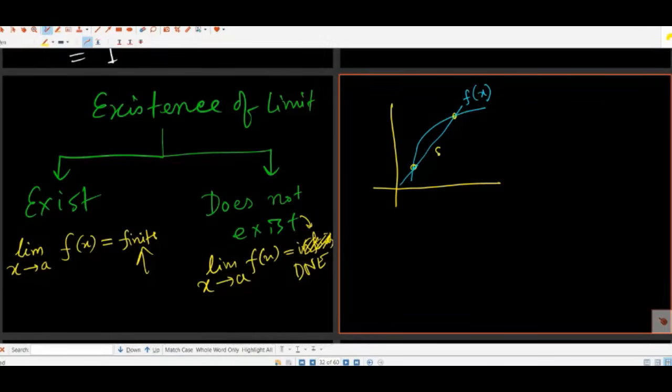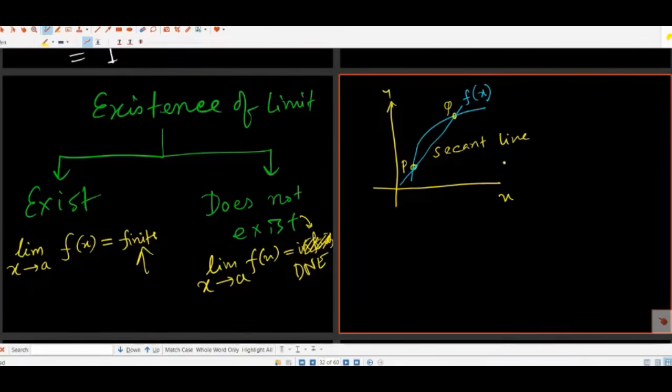That line is called the secant line. Whenever we join 2 points on a curve, that line is called the secant line. Let's say the first point is P and the second point is Q on the Cartesian coordinate system.